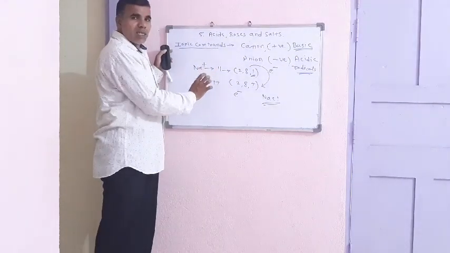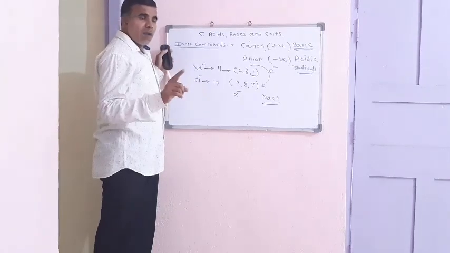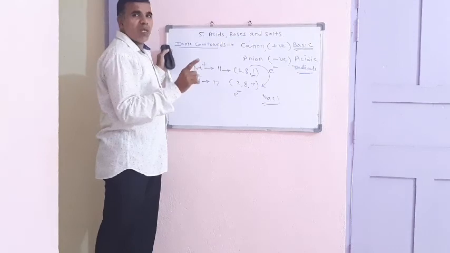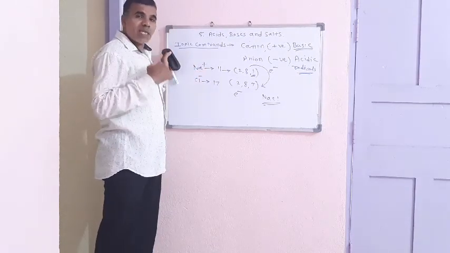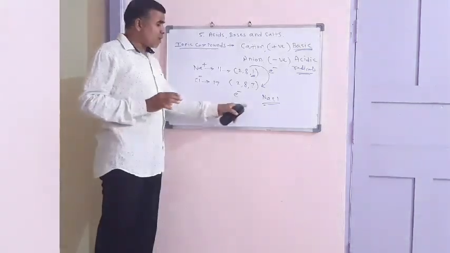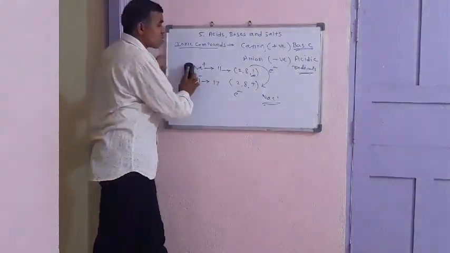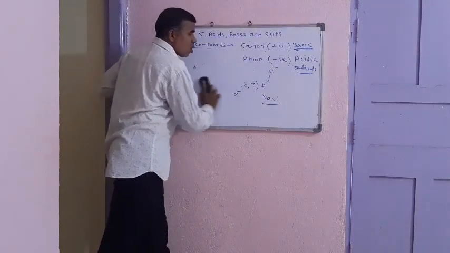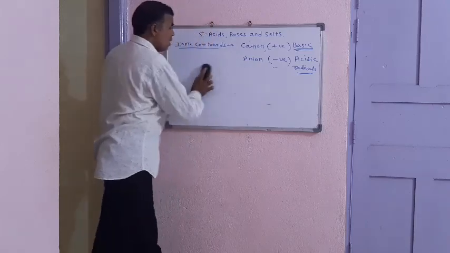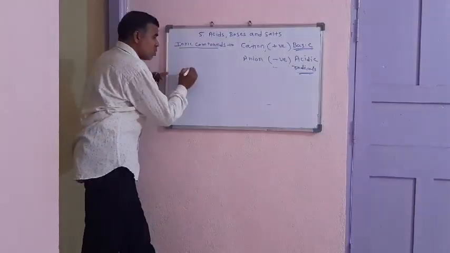In the chemical reaction, sodium loses one electron and chlorine accepts the electron, so the ionic compound sodium chloride is formed. We have to draw the structure of sodium and chlorine and show how the electrons are transferred from sodium and accepted by chlorine.